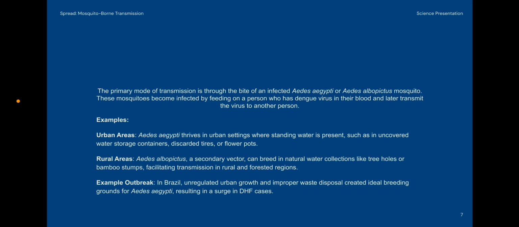In rural areas, a secondary vector can breed in natural water collections like tree holes or bamboo stumps, facilitating transmission in rural and forest regions. Okay, in Brazil, unregulated urban growth and improper waste disposal created ideal breeding grounds for these mosquitoes.